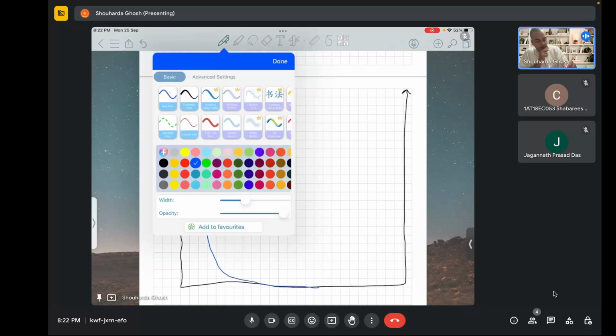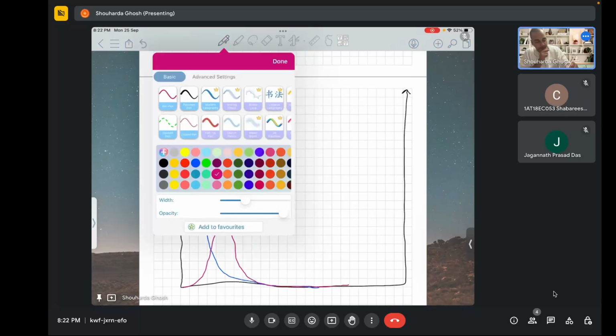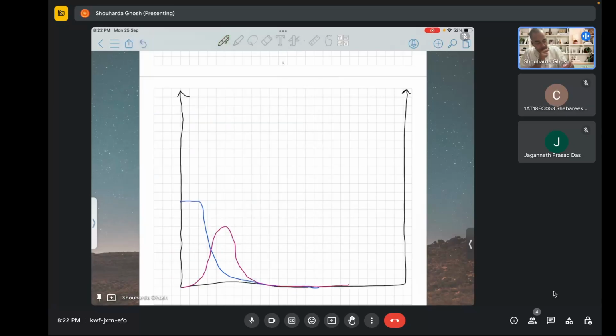The second filter will be, and I am giving them variable gains, the second one, then this will be our third one.